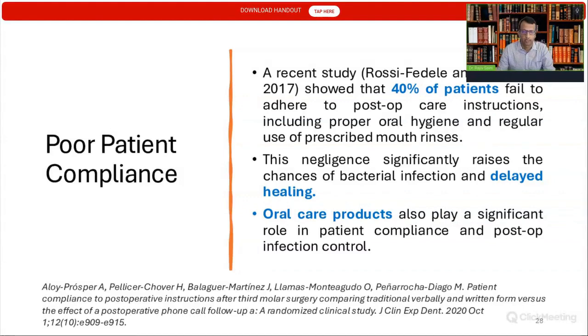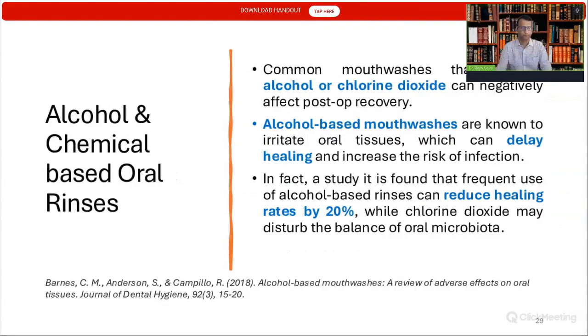Oral care products, as I mentioned, play a huge role in what the outcome of your surgical procedure will be. Alcohol and chemical-based oral rinse: there are studies that mention that if alcohol and chemical-based mouth rinses are used, it reduces the healing rate by 20%.